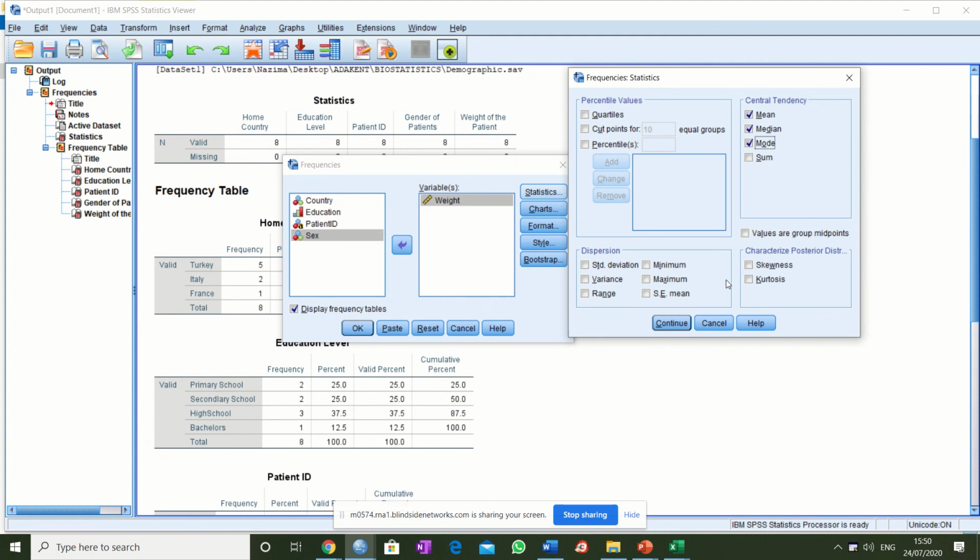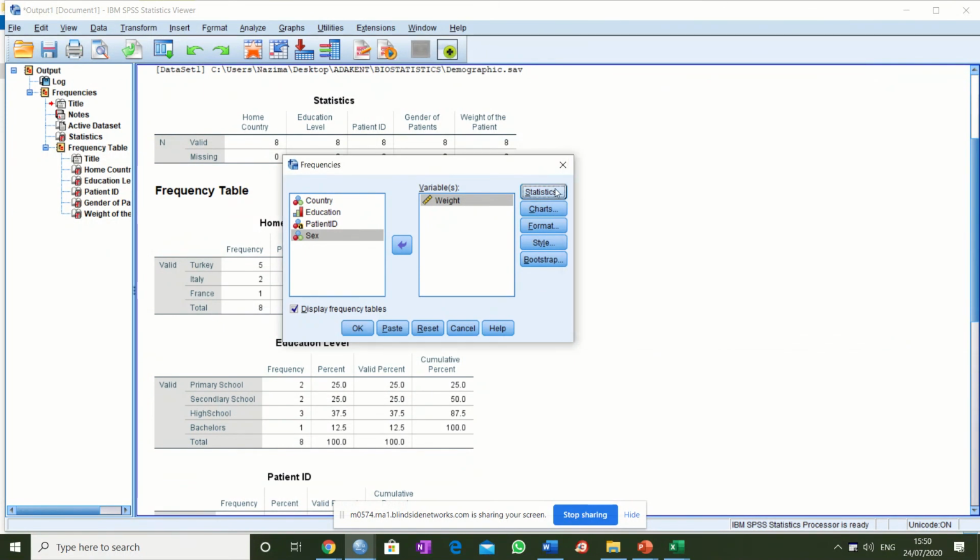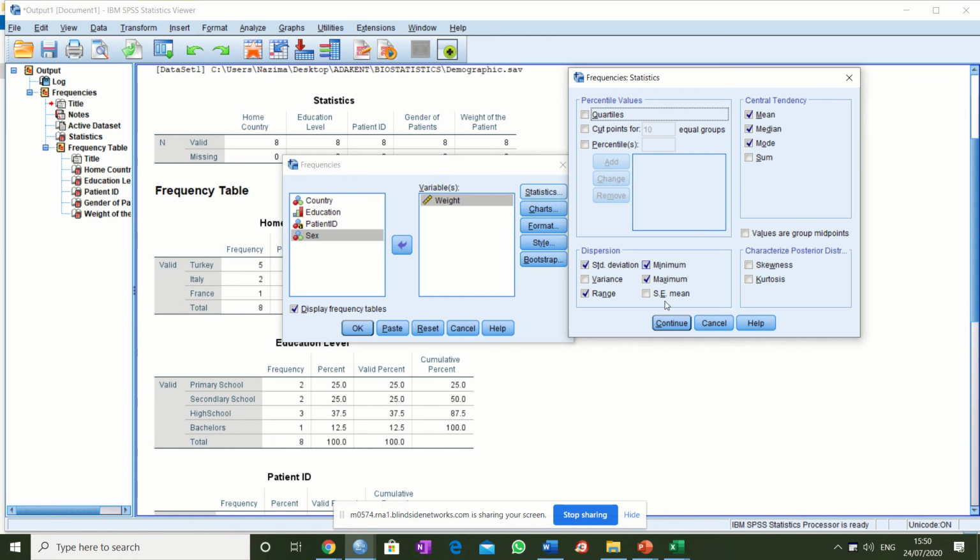Yes, I choose the mean, median, mode. I can choose the minimum and maximum values if I have hundreds of data, and the other values for easiness. Yes, let us choose all of them. Variance, I don't need it now.